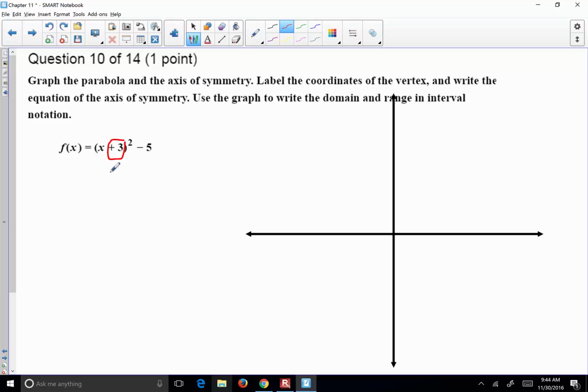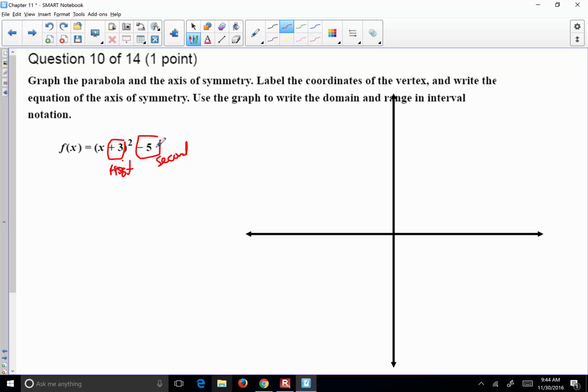Yep, this is the first one. What is the next one? Okay, this is second. What's the third one? Plus 3 again? No, that's the first one. This is the second operation done. What's the third one?